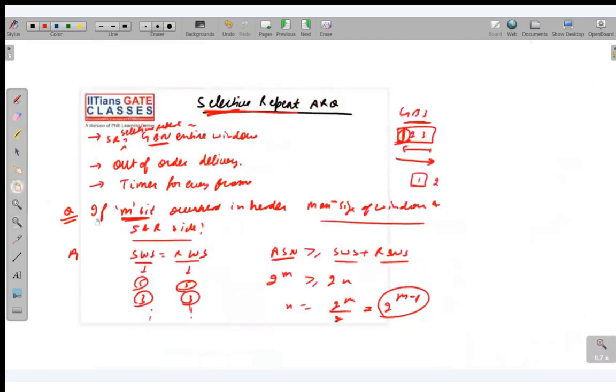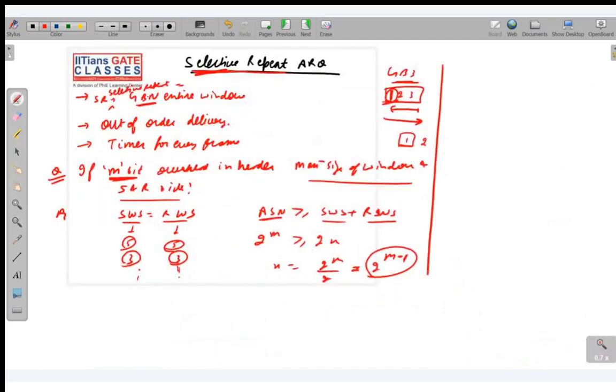But what was it in Go Back N? In Go Back N, if you remember, if m bit overhead was allowed, then 2 power m is greater than or equal to sender window size plus receiver window size, and receiver window size was only 1.